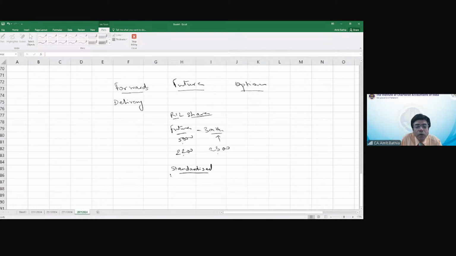So it always is in a predetermined standardized quantity that you can essentially place your futures. Like in case of forwards, I have a need of, say, for example, $455,000. Okay, so if I want to enter into a contract of $455,000, I can do that.